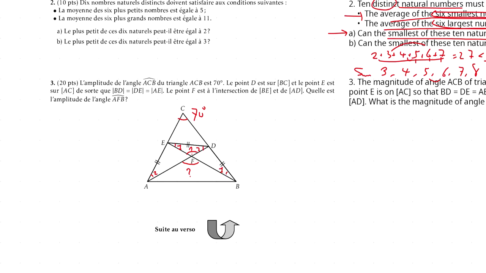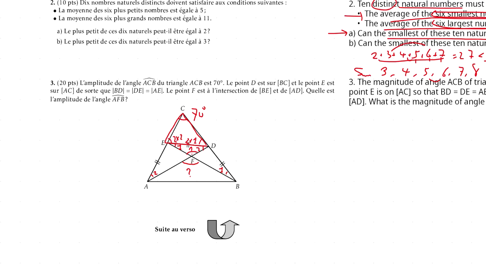Here, the two unknowns are actually twice angle 2 and twice angle 1. Why? Because they are external angles, and here we have angle 2, so that's indeed twice angle 2.